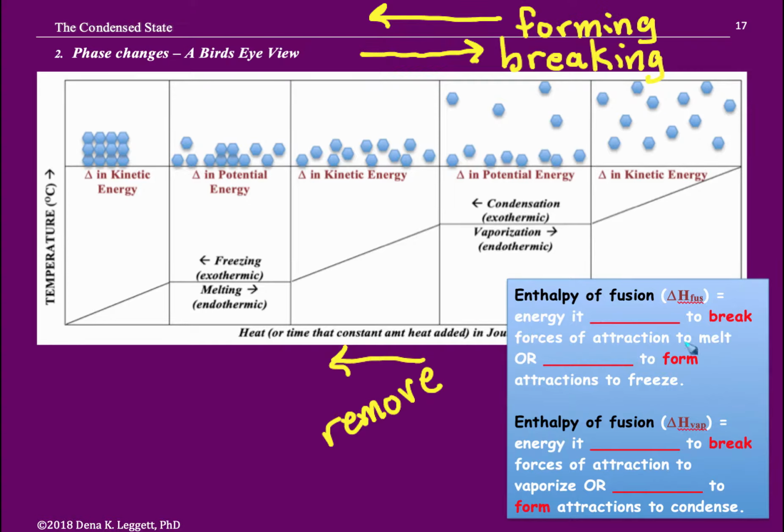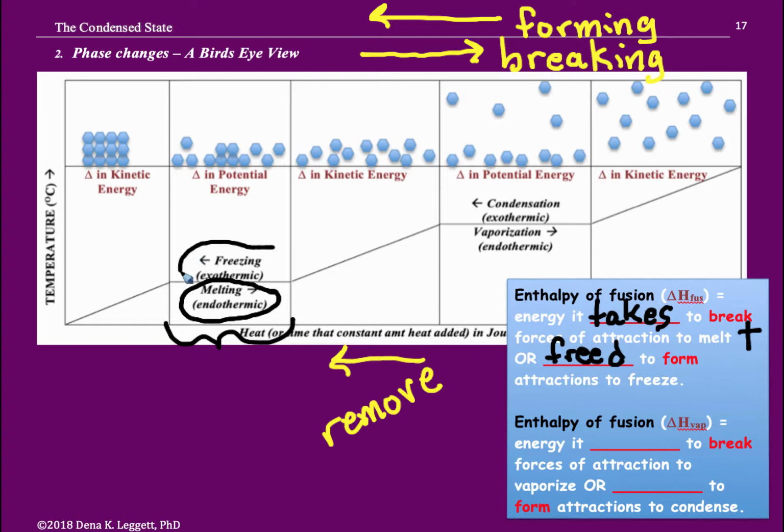Now, enthalpy of fusion, I wish they called it enthalpy of melting or something like that, but they don't. Enthalpy of fusion would be the energy that it takes to break. If we were melting, it's an endothermic or positive value, or the energy that is freed to form, when we freeze it, that would be exothermic or negative. That would be the enthalpy of fusion.